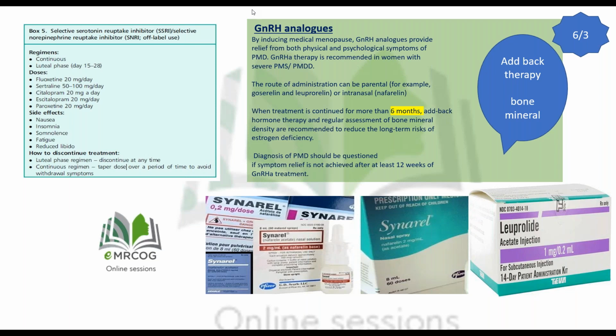But if there is a cut off, a time when we say you must stop the GnRH now, it's based on the follow up in the future.